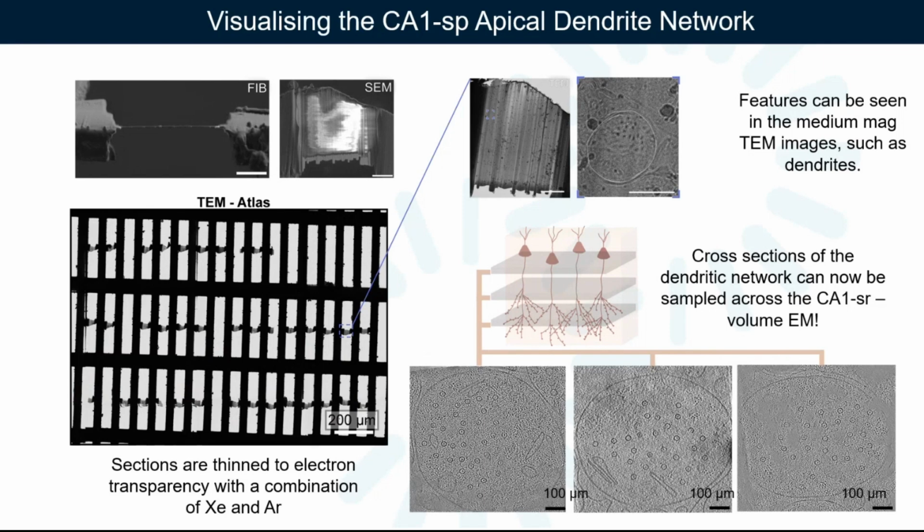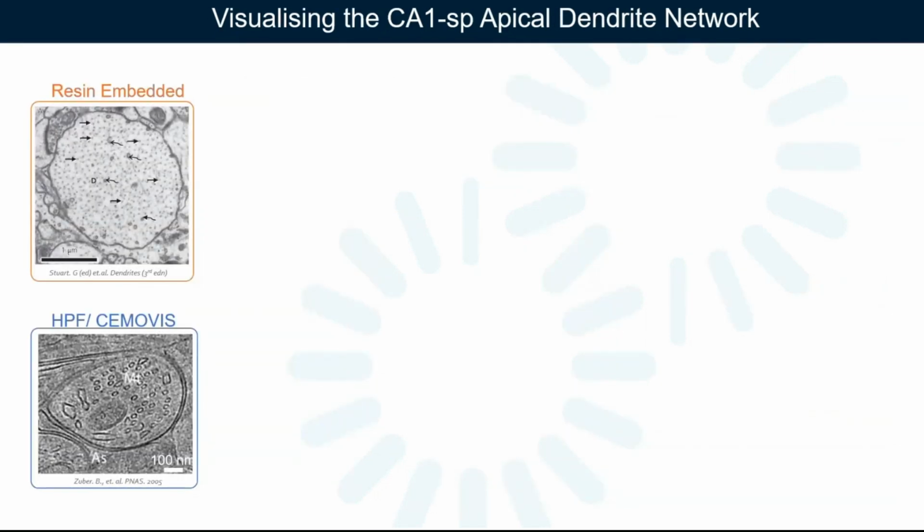So this is for the volume EM aficionados amongst us. And then just a quick comparison, we have previous attempts at looking at these dendrite networks in the resin embedded world, where you can see these rings with the microtubules inside, and then through high pressure frozen, yet with a microtome, you can also make out these microtubules, but the resolution isn't super great.